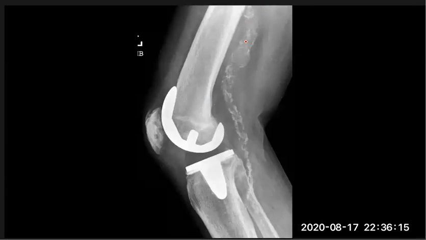Popliteal artery atherosclerotic changes involving the media and adventitia, with aneurysmal dilatation of the proximal portion of the artery. No narrowing. Patella is abnormal.